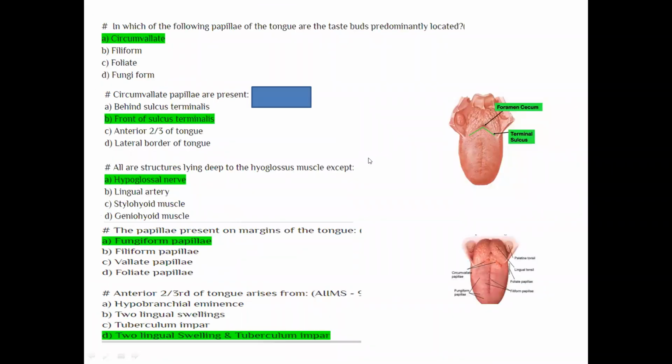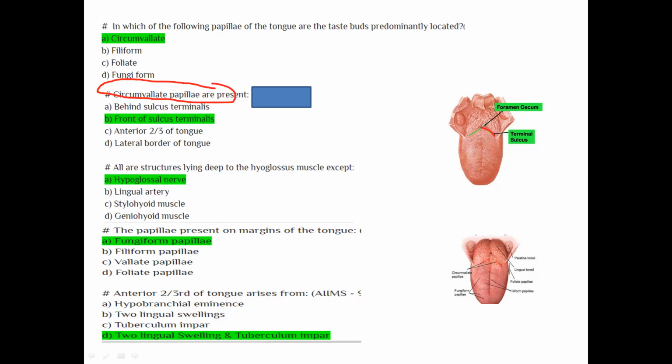In which of the following papillae do the taste buds lie? I told you the circumvallate papillae are the ones where the taste buds are present. Where are they present? This is the area where the circumvallate papillae are present.